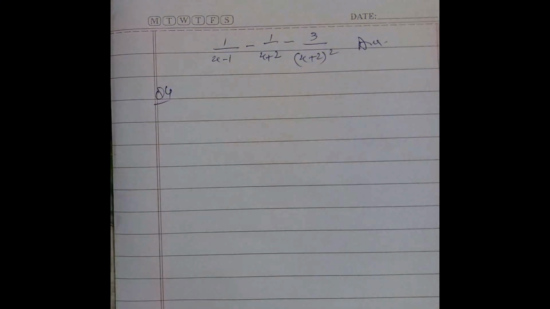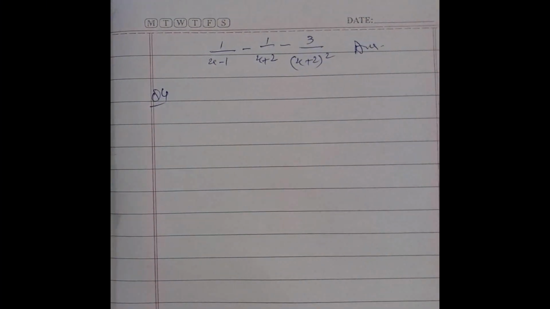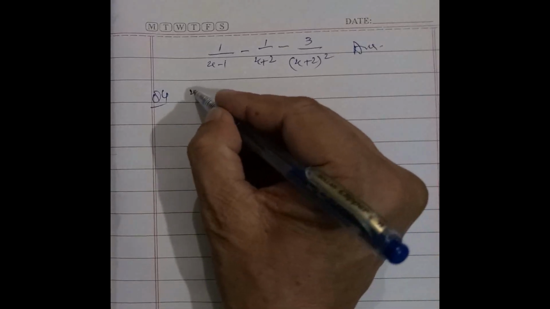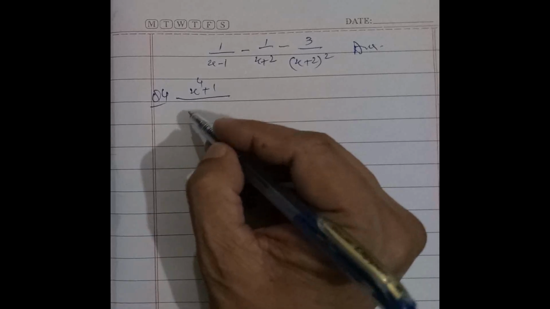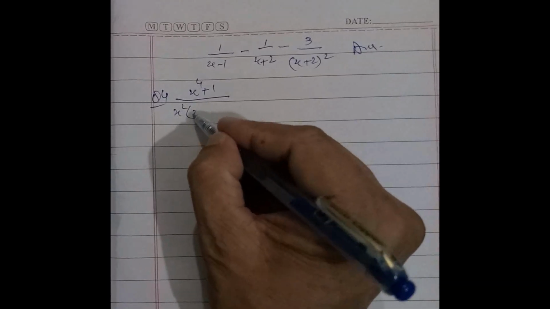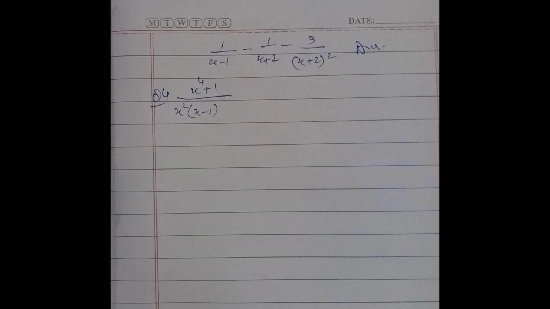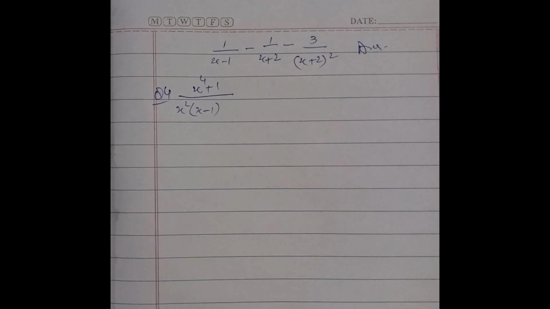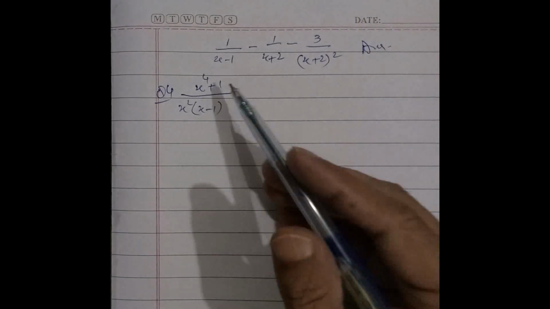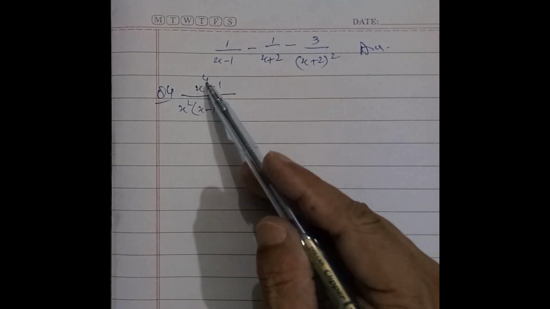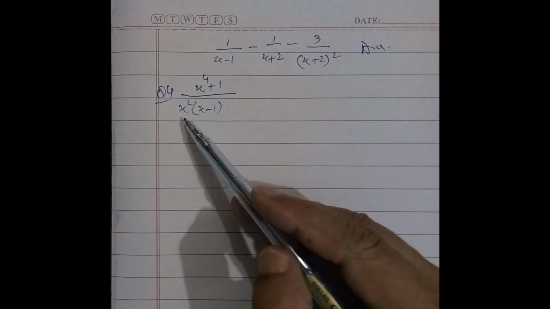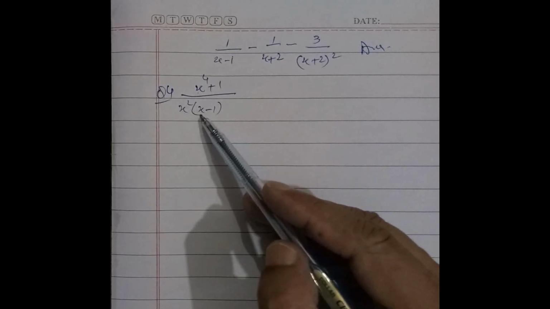Question number 4, in which x power 4 plus 1 over x square into x minus 1. Here this is an improper fraction. x power 4 is the numerator while the denominator is x square into x, which is x power 3.